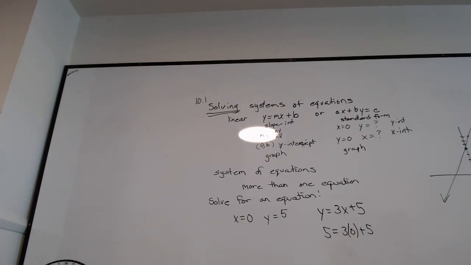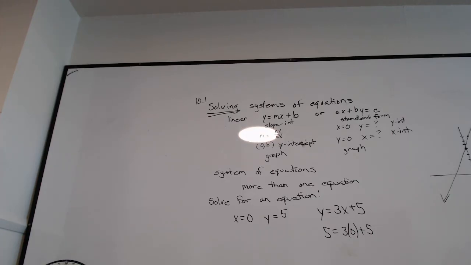To solve for an equation, we are looking for the points that make the equation true. So that's what solving for an equation is: looking for all the points that make that equation true.